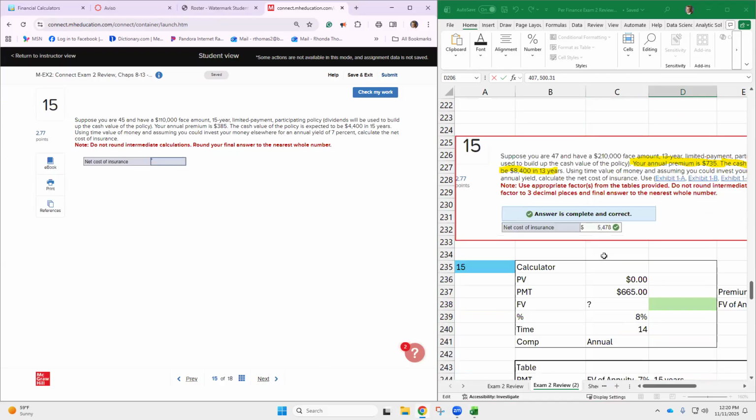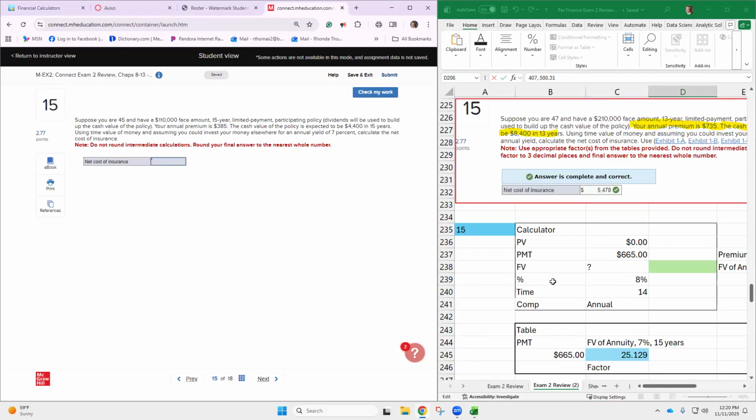Number 15. So suppose you're 45 and have $110,000 face value, 15-year limited payment participating policy. There's a lot of things about a life insurance policy that we didn't cover, and it's not this one.